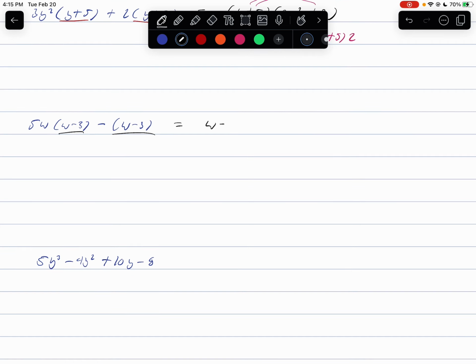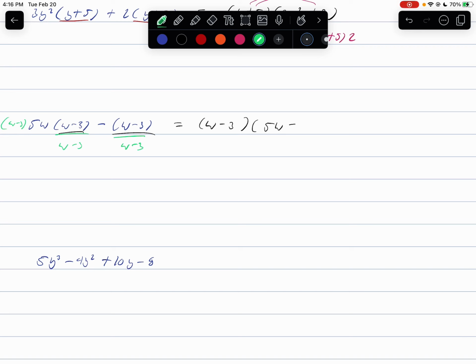So we'll have w minus 3 times, and to figure out what we're going to put here, you have to think about what we're actually doing. In a way, we're dividing out w minus 3 from each of these terms, and then we're multiplying by w minus 3 over here.